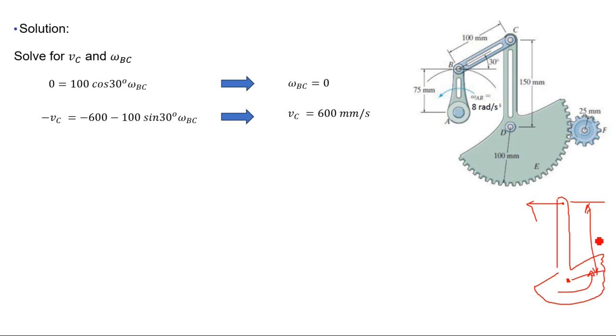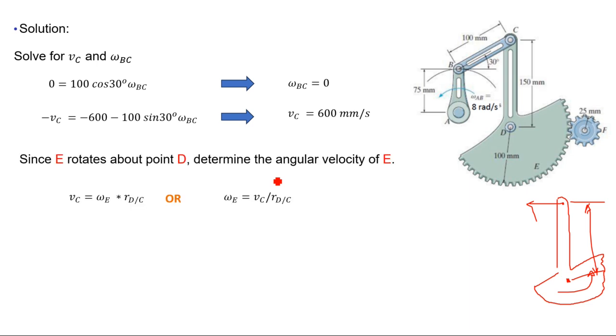The omega is equal to the velocity divided by that distance of 150, or 600 divided by 150, which makes it equal to 4 radian per second. Now I can find the velocity at the contact point between the two gears by multiplying this omega by the distance of 100 millimeters here. 4 times 100 makes it 400 millimeter per second.